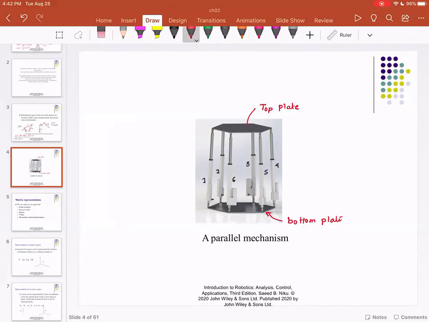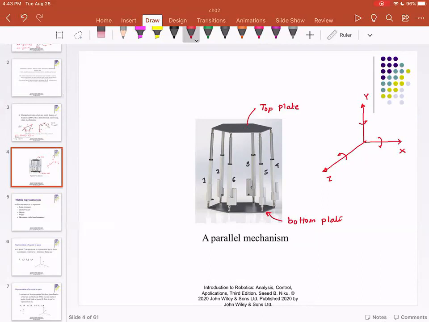Depending upon the relative extensions of these 6 links, you could have different orientations. Just to give an example, if you think about a 3-dimensional coordinate system, wherein this is X, this is Y, this is Z, you could have orientations about X, Y, and Z. So you could orient this platform the way you want based on the actuation of different manipulators.